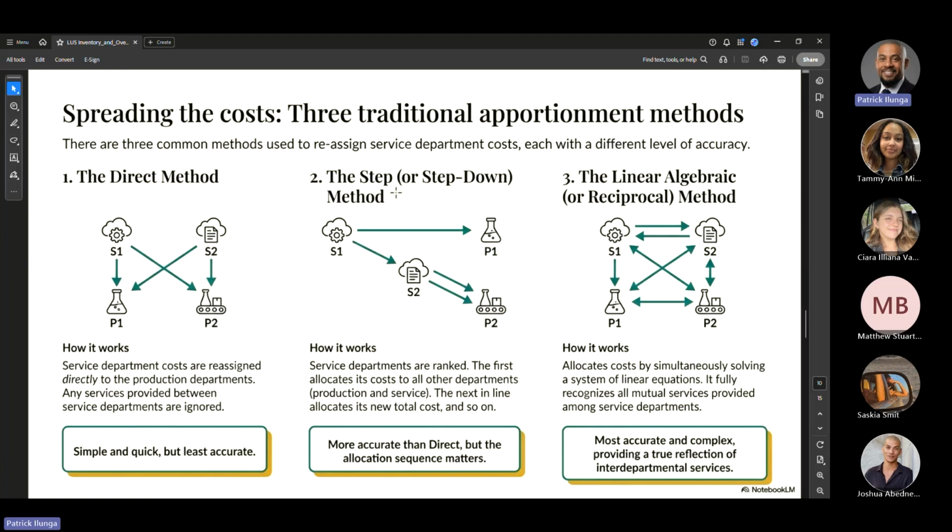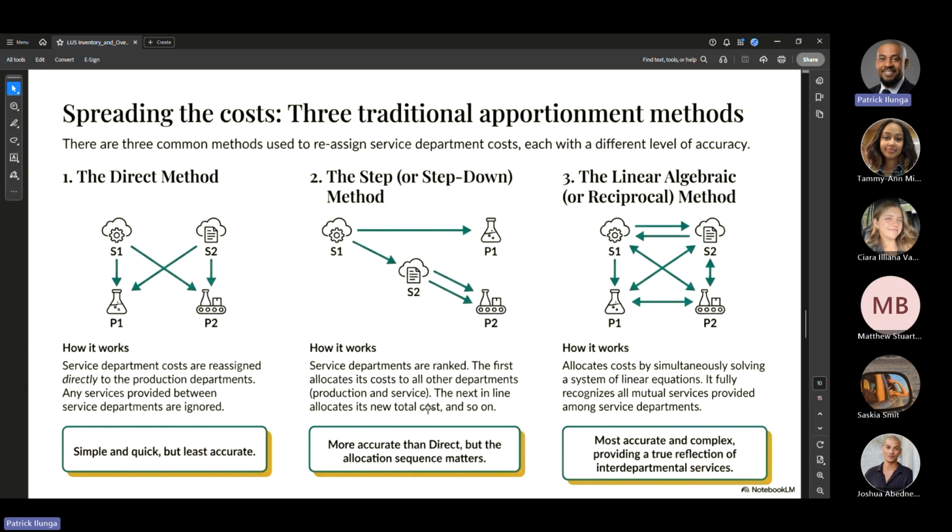So with the step method or step down method, the service departments are ranked. The first allocates its costs to other service departments and production departments, and then afterward, the next in line.